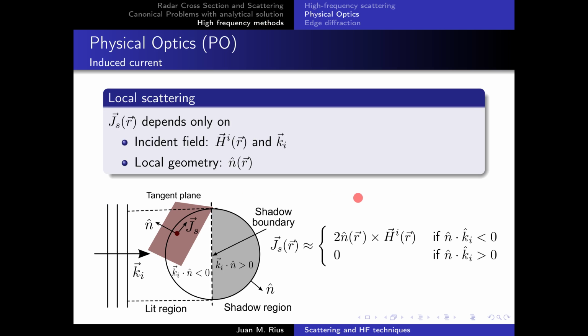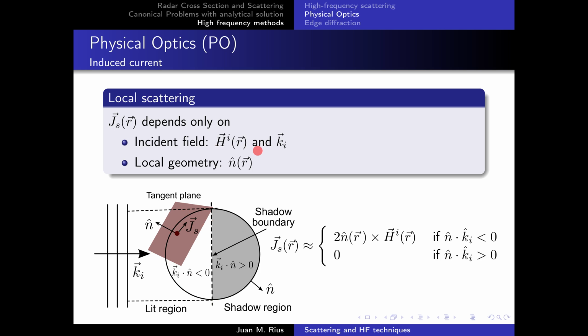According to this approximation, the induced current depends only on the incident field, that is the magnitude and direction of the magnetic incident field, and on the unit normal. It also depends on the direction of the magnetic incident field, because that direction determines the illuminated and the shadow regions.